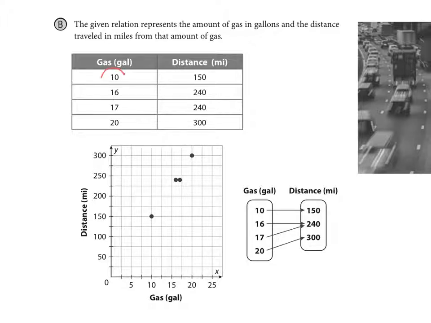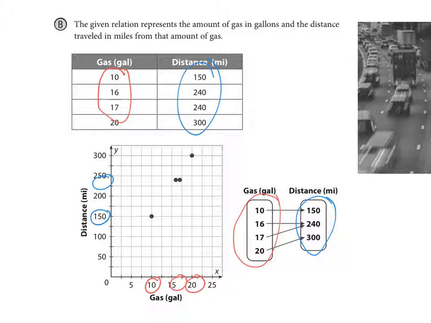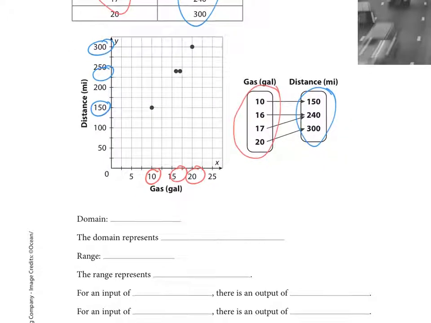So here I have the domain, and in blue is the range. For the mapping, there's my domain, there's my range. Now for the graph, it's a little bit tougher, but my domain is these values that are down here with the gas. My range is these values over here for the distance. So you have to kind of look a little bit deeper for those.